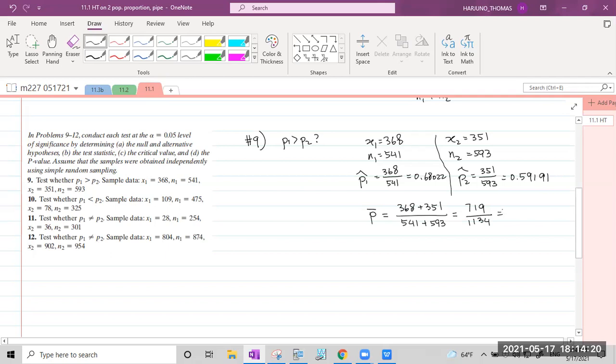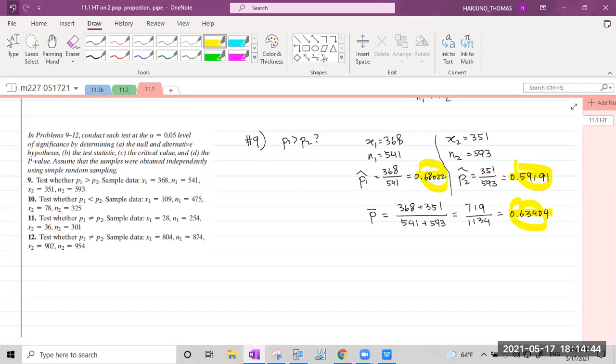Then 719 over 1134 equals 0.63404. Now you will see p bar is always in between these two numbers. Not the midpoint, not exactly in the middle, but for sure between those two numbers. So think of this as your setup. Now we can start the hypothesis test.